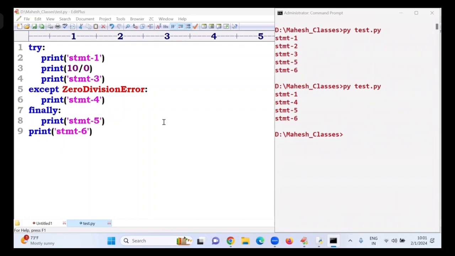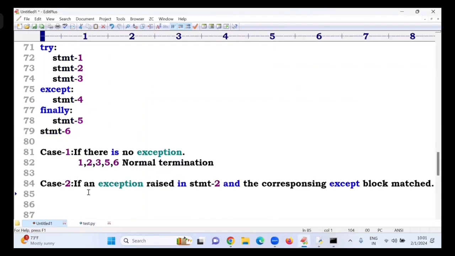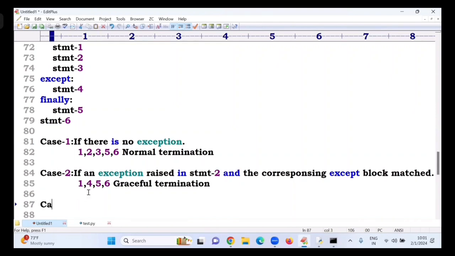If you don't want it, don't use the exit command. Then the finally block will be executed. So 1, 4, 5, 6. Graceful termination will happen.